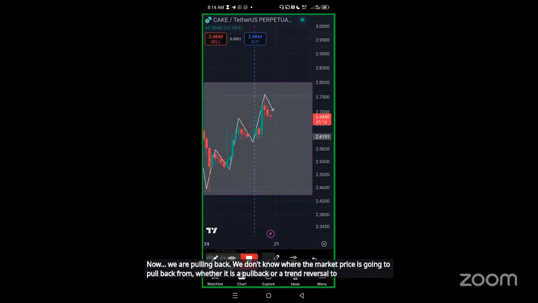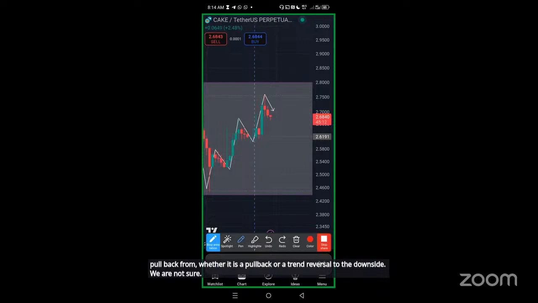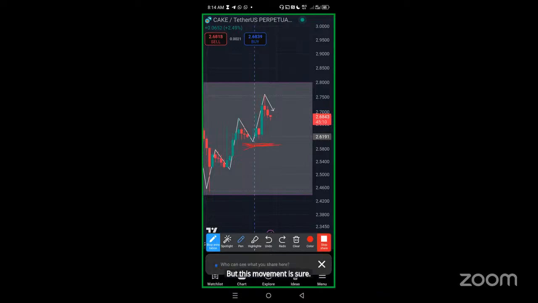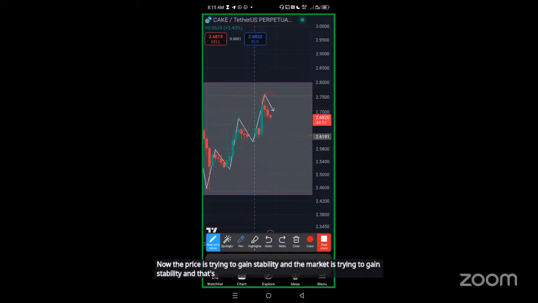We are not sure. But we are sure that from here to this point, it was a surge. So we believe this movement was a 100% movement. Now the market is trying to gain stability, and that's why we're seeing a retracement building up.